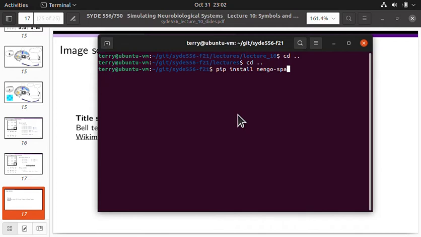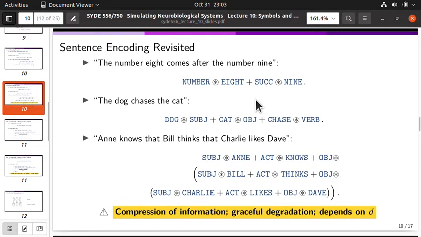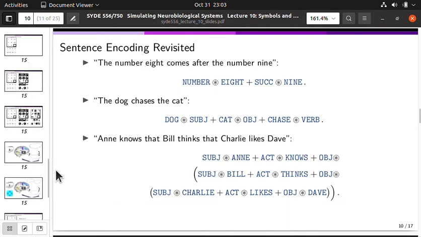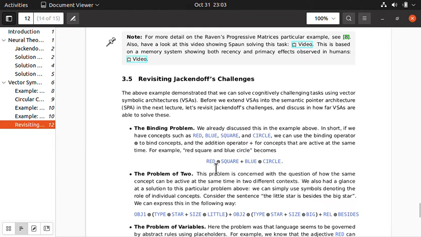But the reason we're also calling it semantic is this. If I have a representation of blue circle, the compressed representation of blue circle is blue combined with circle.